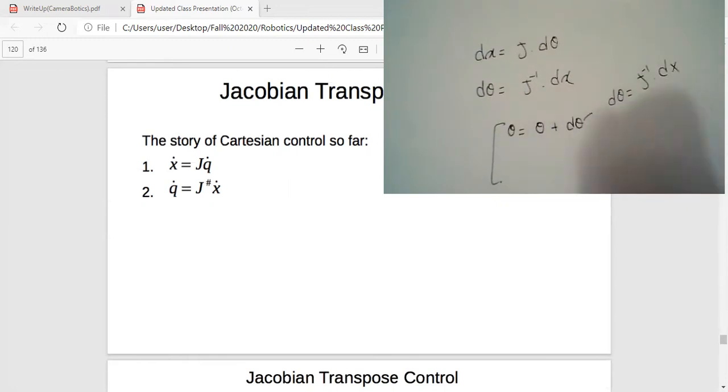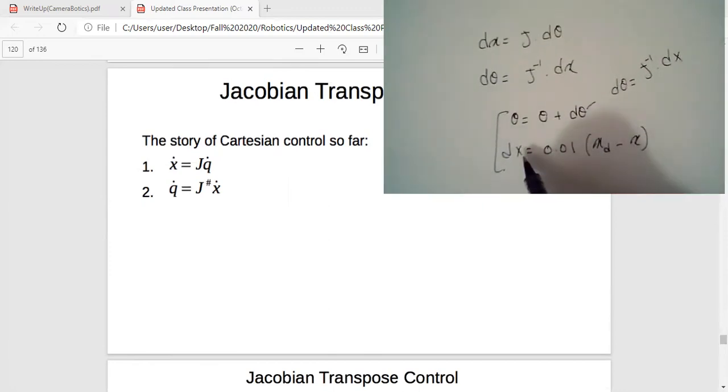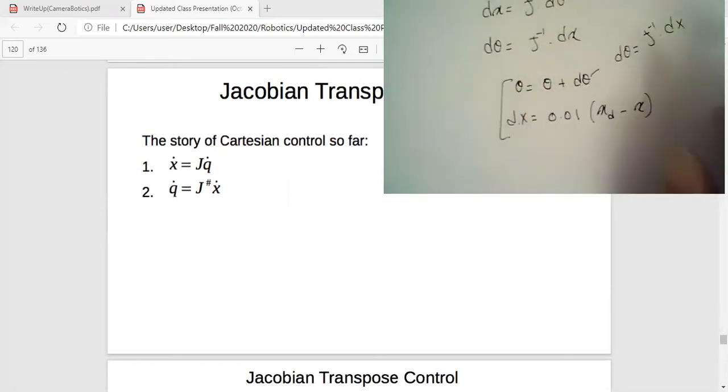What is dx? Dx is equal to some very small value, 0.01, for example, multiplied by the x desired minus your current position. So the code will start like that, right?